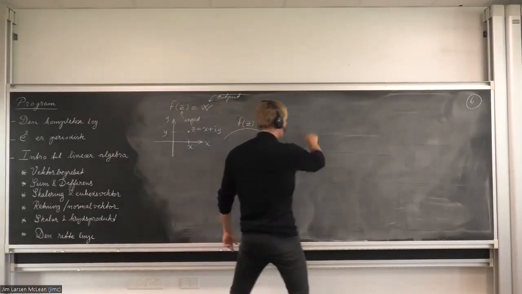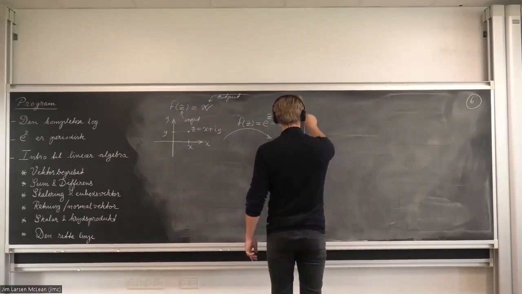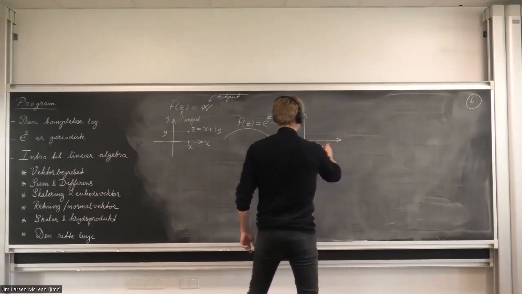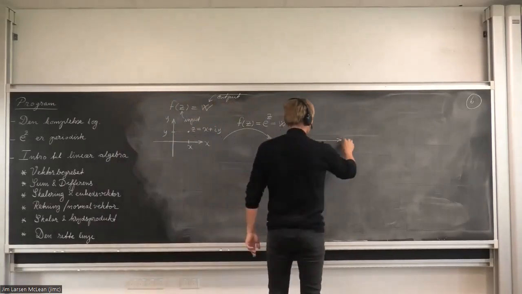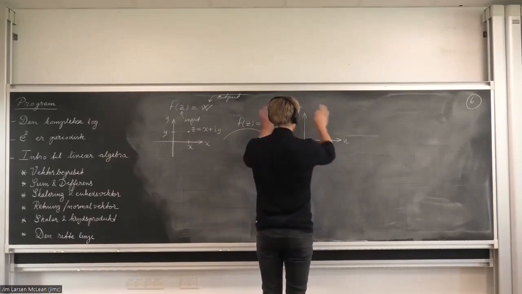It's a new complex number, which I can then draw over here on a new version of the complex plane. And to avoid confusing it with the other one, I'm not calling the axes x and y, but u and v. So we have a u axis and a v axis, and somewhere over here, that's where w lands.